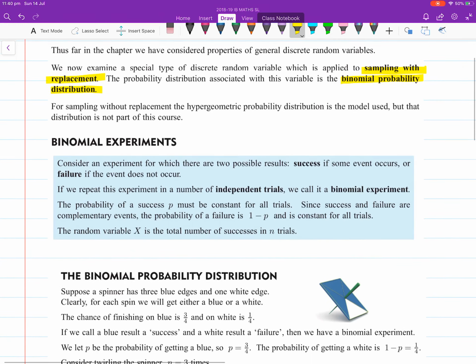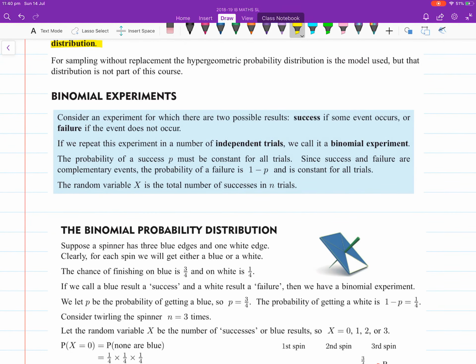So normally we're looking at basically just an event and the non-event or the complement, or what we typically say is success and fail, whether it happens or doesn't happen. And we repeat it a number of times.